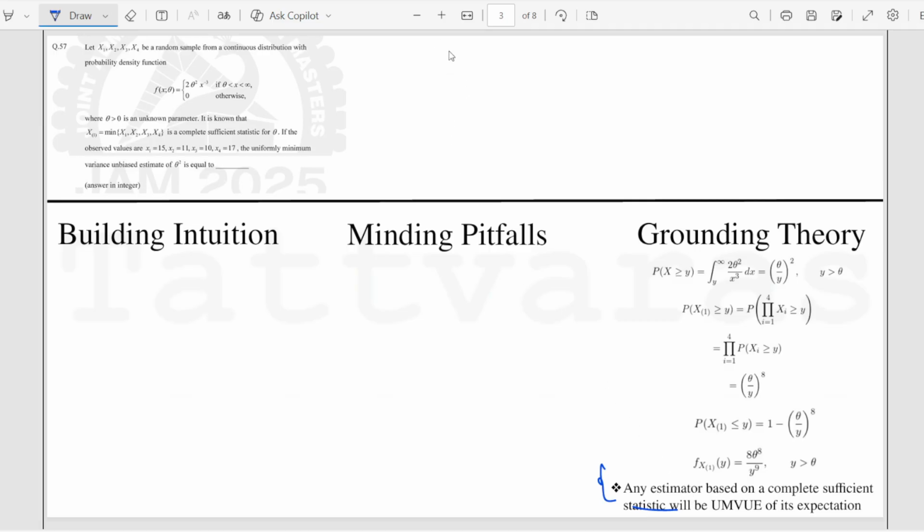Essentially, if you have this estimator, let's say T, and it's complete sufficient, and the expectation of T is equal to some function of the parameter, then for this parameter, the uniformly minimum variance unbiased estimator has to be this. Pretty neat theory.